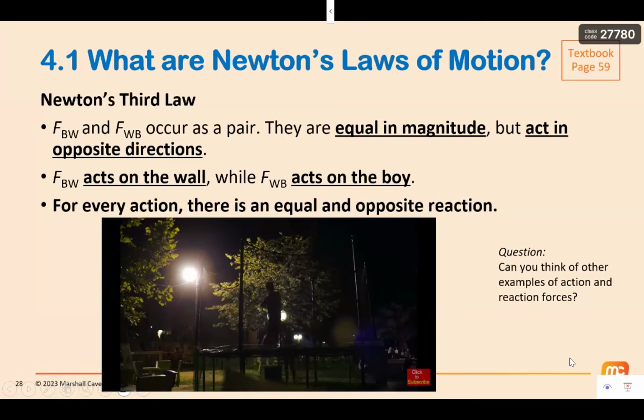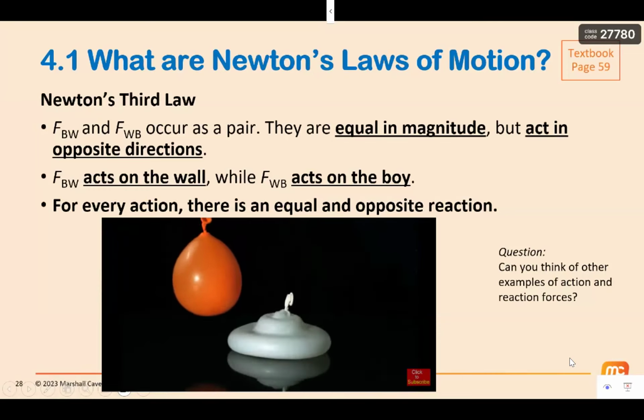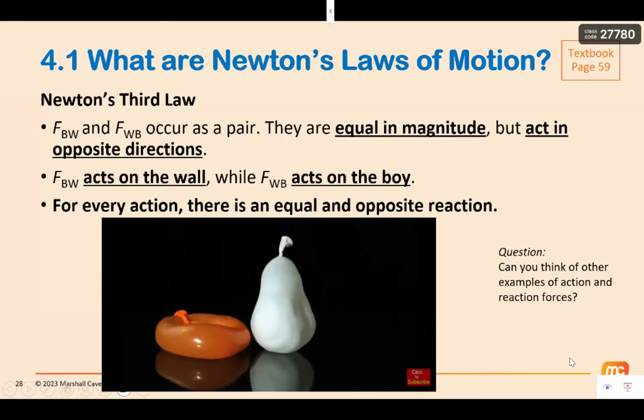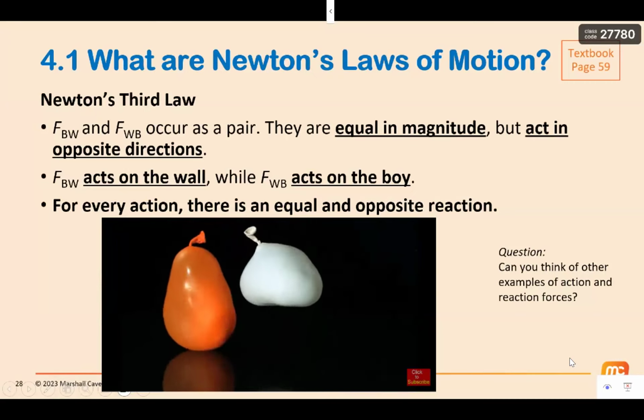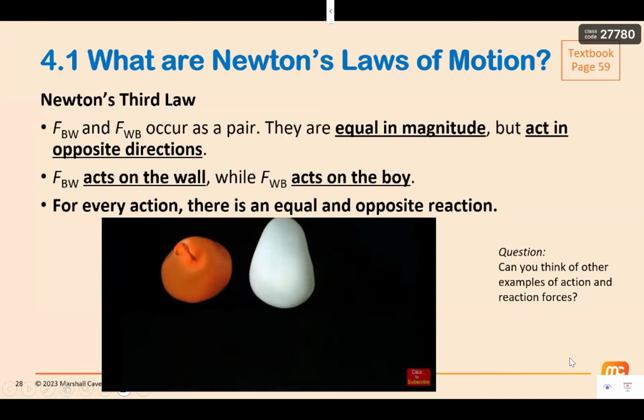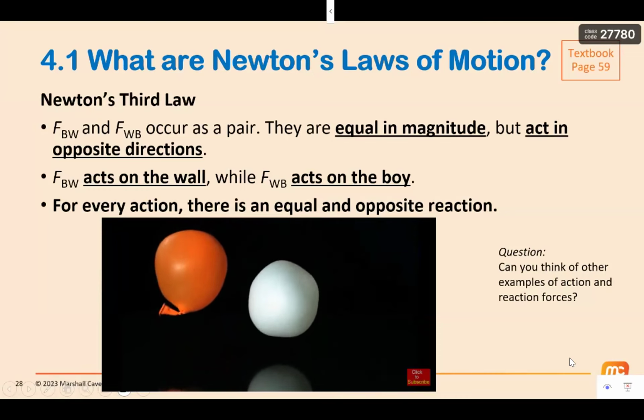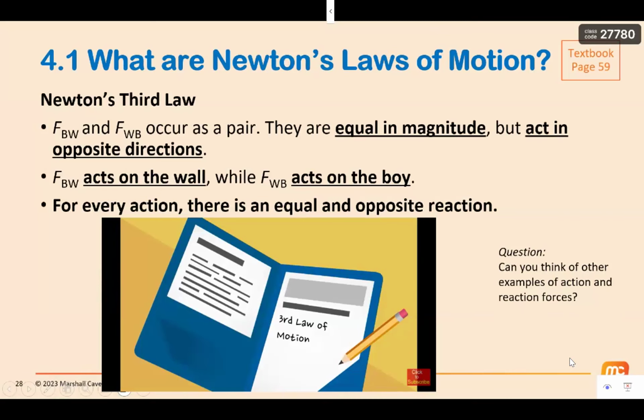The force is downward, and then you have an equal force upward, which causes you to go up. And finally, look at this balloon. When the balloon hits the earth, it has an opposite force, which causes it to change direction and go upward. So there we go, some real-world examples of the third law of motion, which states that for every action, there is an equal and opposite reaction.